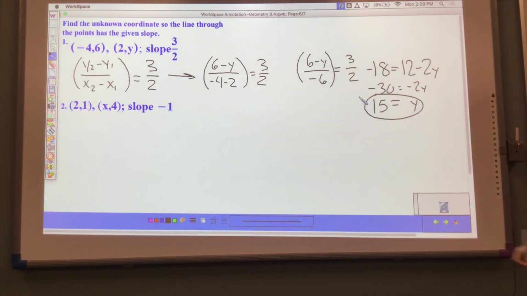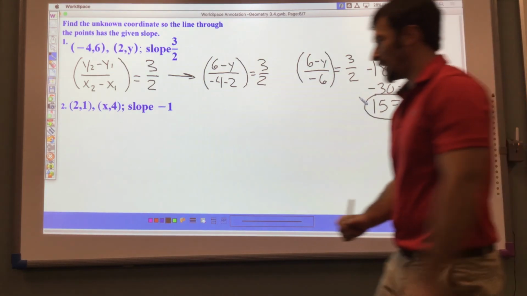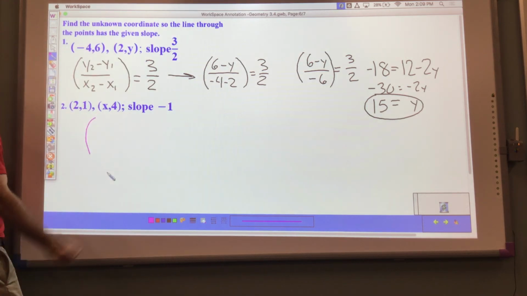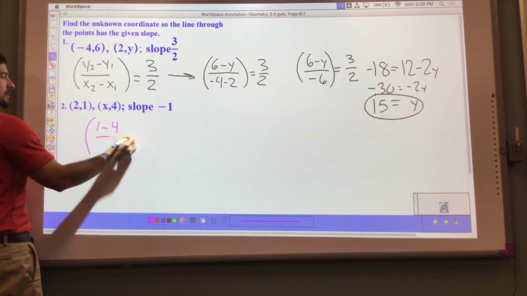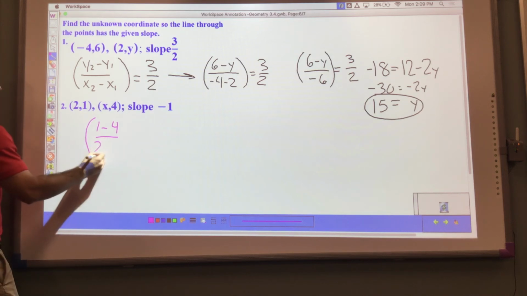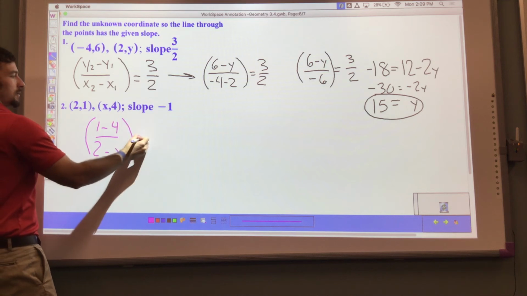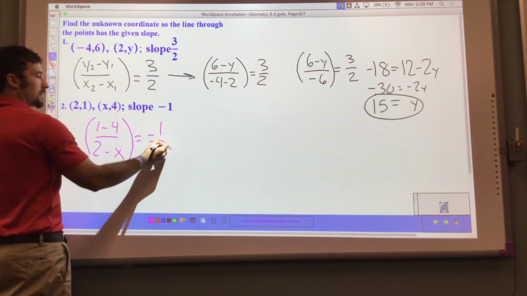See if you can do the next example on your own, or if you're totally lost, then watch me do it. Again, we subtract our y's, so 1 minus 4. Subtract the x's, 2 minus x, going to equal our slope, which is negative 1 over 1.